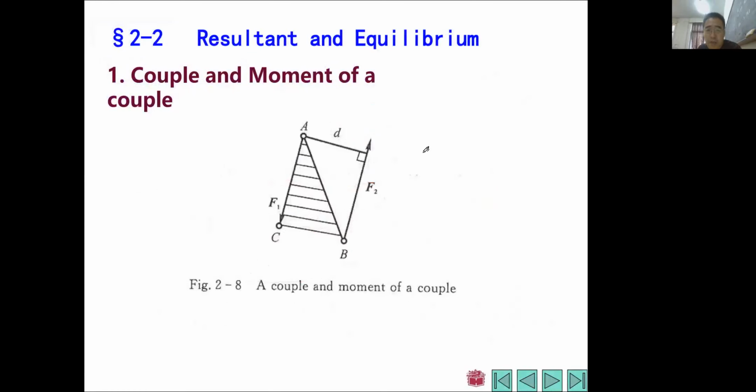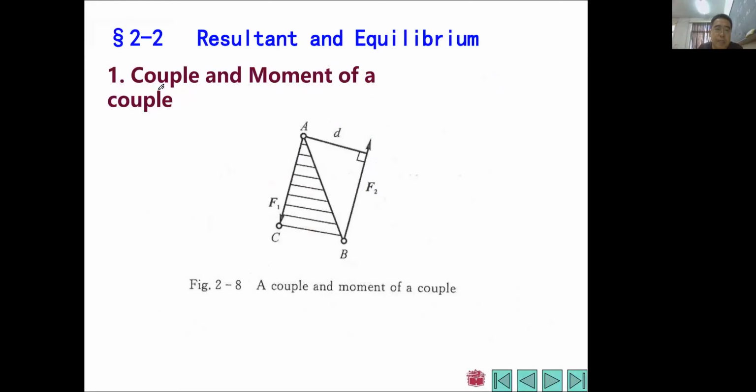Since you guys can totally understand these two examples, and we only have maybe 15 minutes, we will move to the new section of this chapter. So we'll continue to talk about the resultant and equilibrium of couples and the moment of a couple.